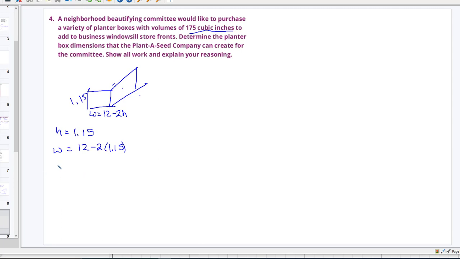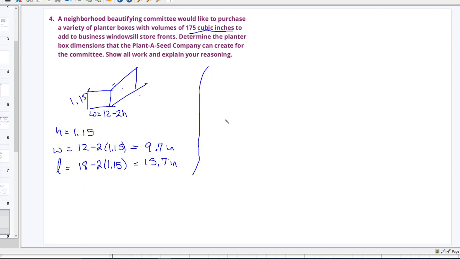And so when I do that math, my width ends up coming to 9.7 inches. My length is 18 minus 2 times my height. And so I come up with 15.7 inches.